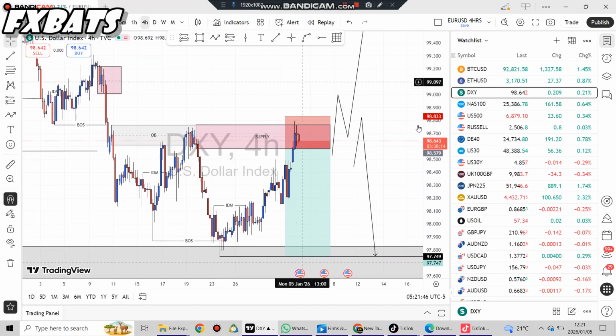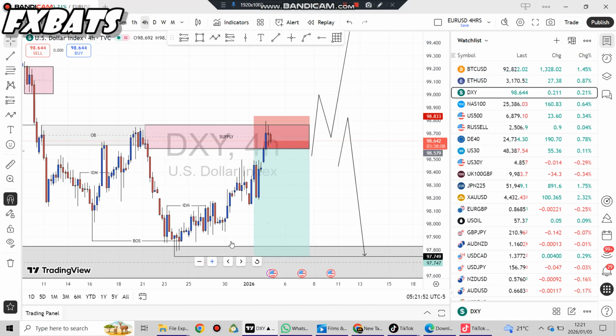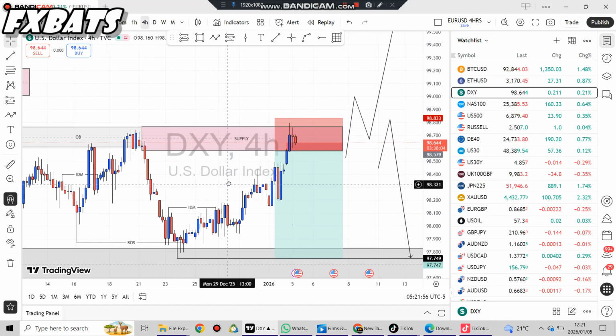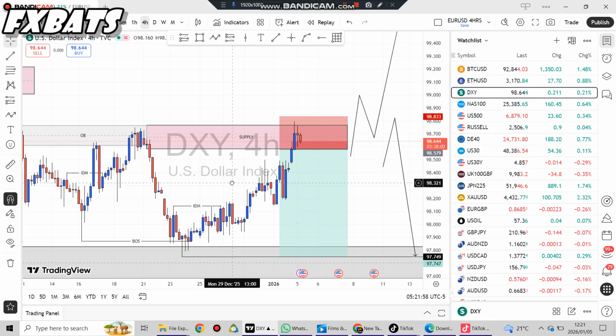Price managed to mitigate this area of supply and is currently reacting off of it, but we haven't seen any confirmation to sell.